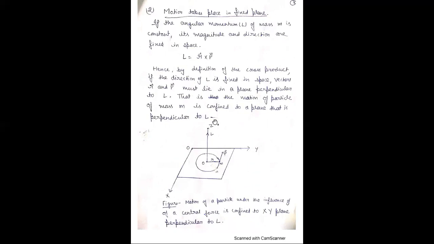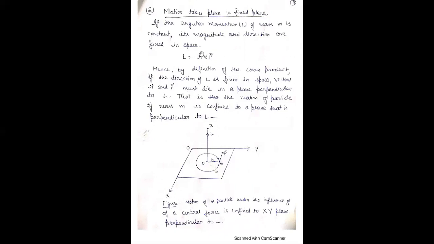And we know the relation between angular momentum and linear momentum: L is equal to r cross p. By the definition of cross product, if the direction of L is fixed in space, the vectors r and p must lie in a plane.